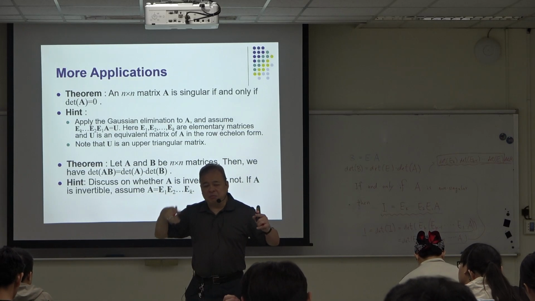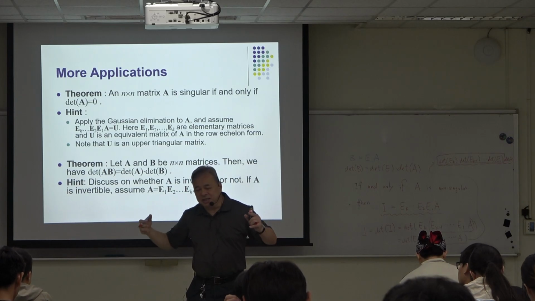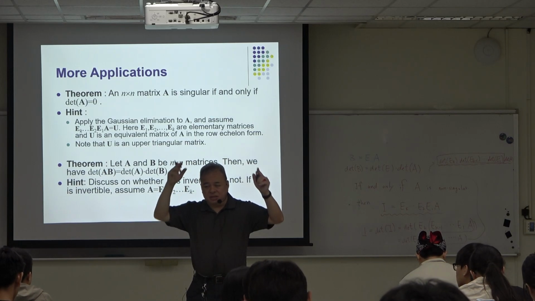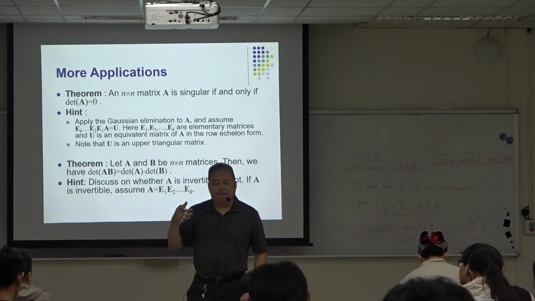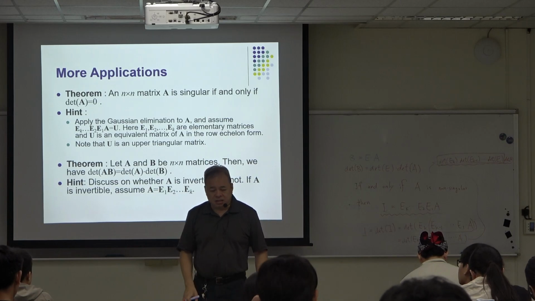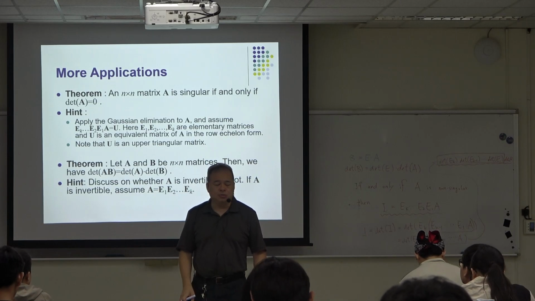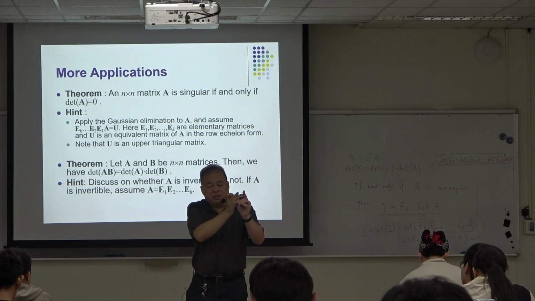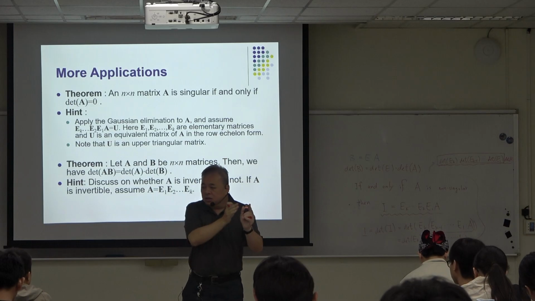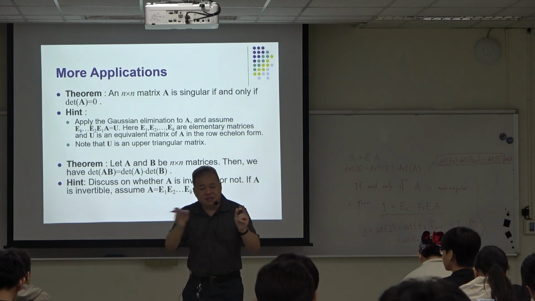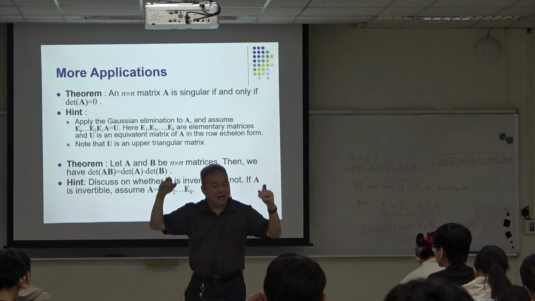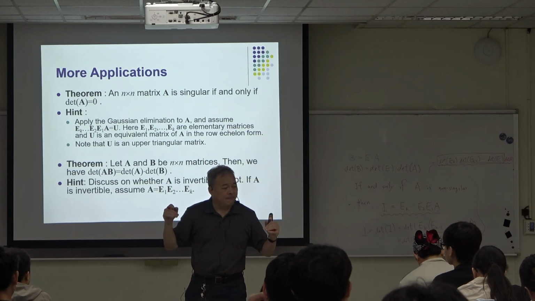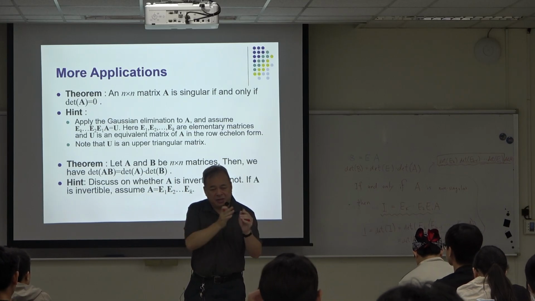If you apply a series of row operations on a singular matrix, by converting it to row echelon form, eventually you are going to get some rows completely 0 at the bottom, right? At least one of the rows to be completely 0.